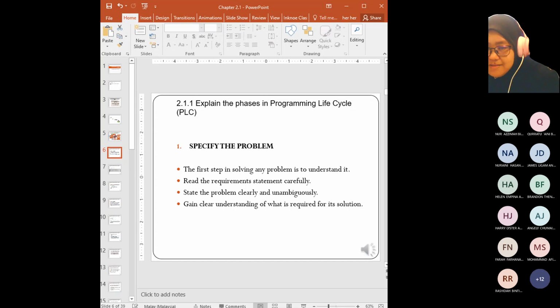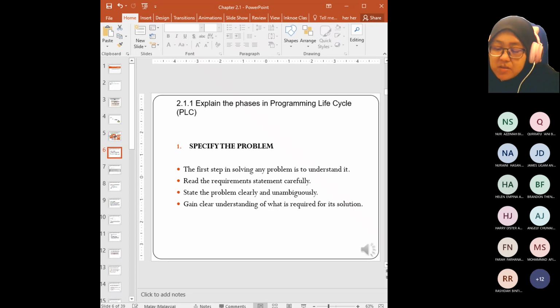VR games. 27, 28, 29, 30, 31, WeChat, 32, Spotify, 33, Steam, okay, 34, Play Store, okay, 35, Line, okay, Weibo, Spotify, WhatsApp, COC pun ada, Epic Store. Okay, so these are different types of software that you have already known, that you have seen before.